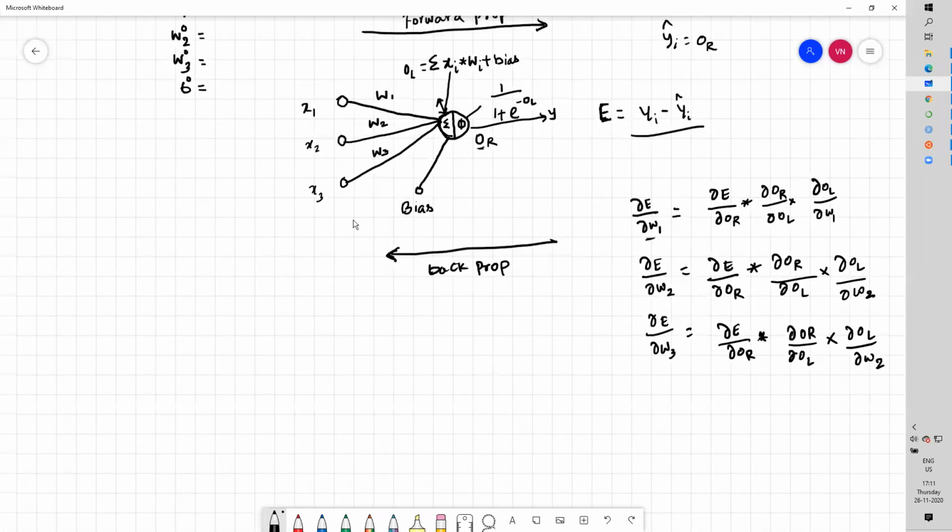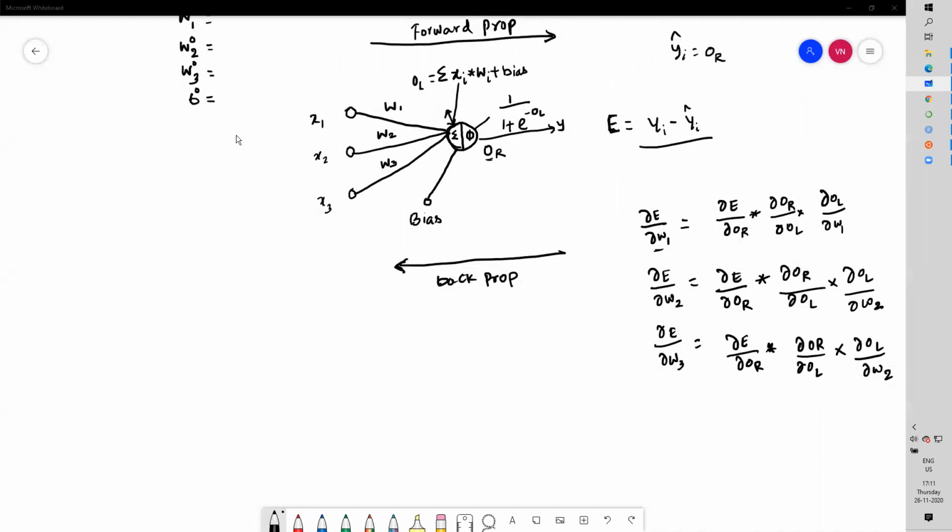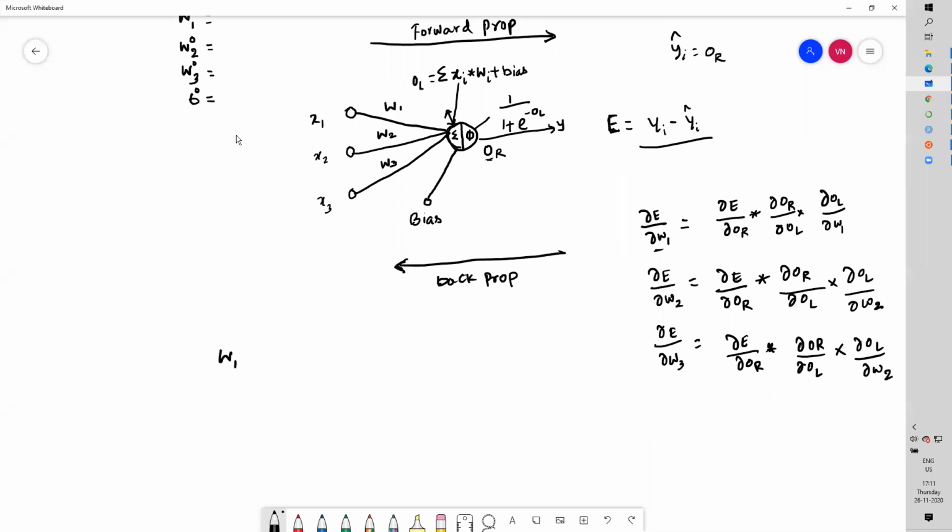Once we have these three gradients, then for the next iteration, iteration number 2, W1 at 1, W2 at 1, W3 at 1, we need to update the weights, right? So how are we going to update the weights? That is W1 at iteration 0 minus the learning rate. We will also initialize the learning rate here. Let's say my learning rate is 0.1. I can choose my own learning rate, not a problem.